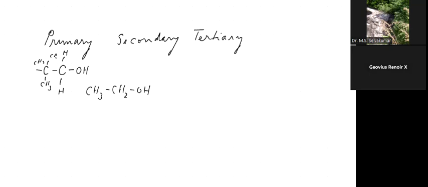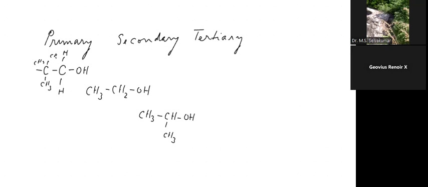Look at this alcohol. This is called isopropyl alcohol. CH3, CH, OH, CH3. You first check the valency. This carbon is attached to 3 hydrogens and 1 carbon, so 4 valencies are satisfied.